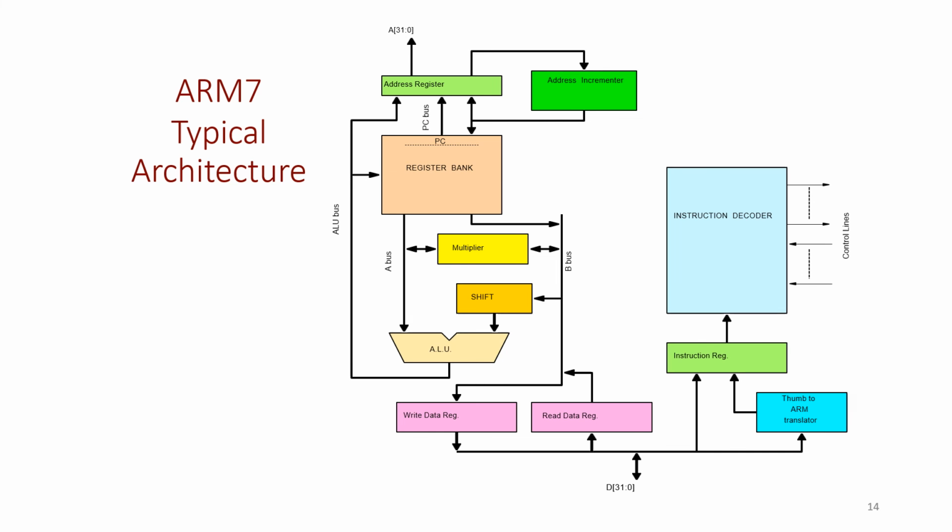This is a typical architecture of the ARM7. You can see here the register banks where data are stored, and data can be taken directly into the ALU through this bus. If we need the data to be multiplied or shifted, that is also possible using the multiplier block and the barrel shift register, and the data is given to the ALU.